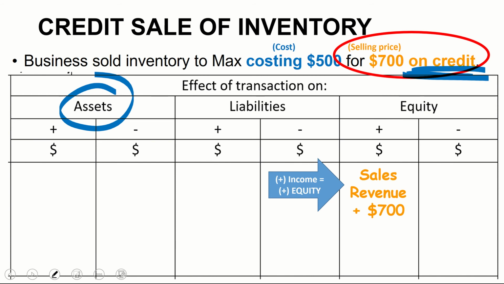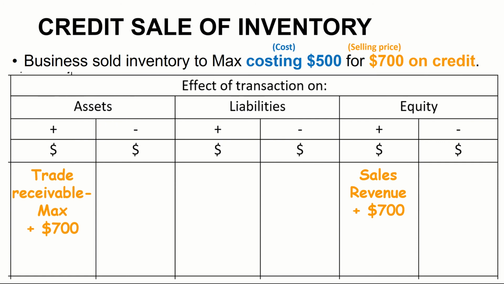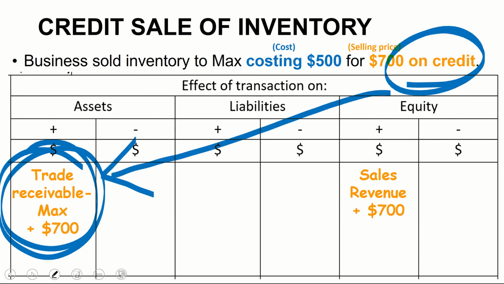Your customer owes you more money, so your assets increase. So we will record trade receivable, Max, plus 700. This portion is really the new thing for this session. Because of this on credit, you will record a trade receivable, Max.